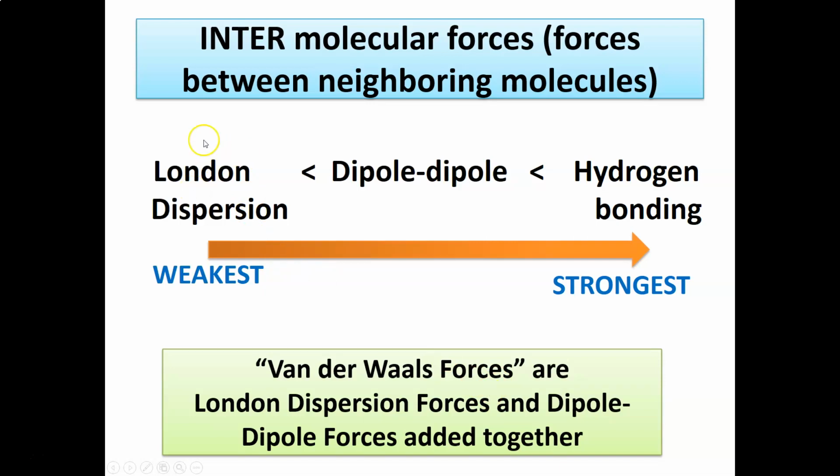And so because it's hard to measure what portion is coming from London dispersion and what portion is coming from dipole-dipole, they just measure the cumulative force from both of these combined. So if you hear the phrase van der Waals forces, you should just know that they're combining those together.